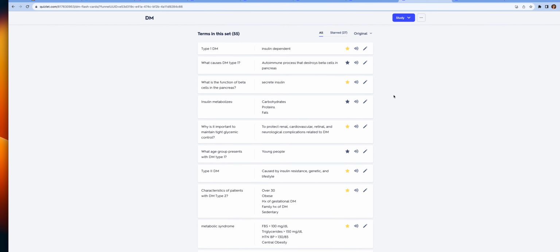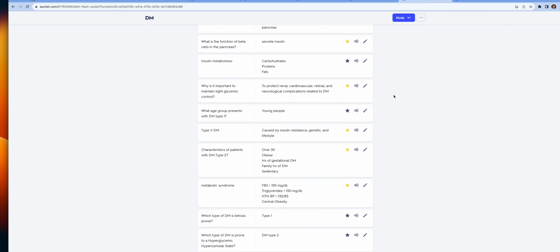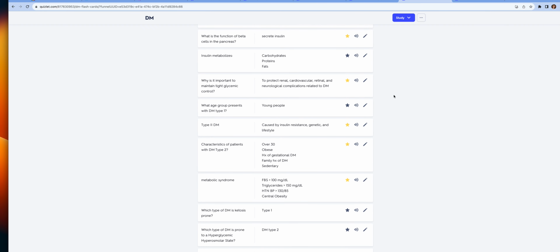Okay, so insulin metabolizes nutrients for us, and then we need to remind our patients that have diabetes that they need to maintain tight glycemic control, because there are a lot of vascular problems, renal problems, retinal, and neurological complications related to hyperglycemia. So we need to make sure we're doing really good education about that.